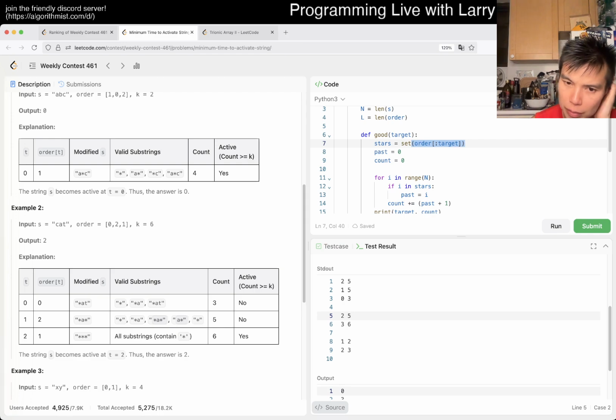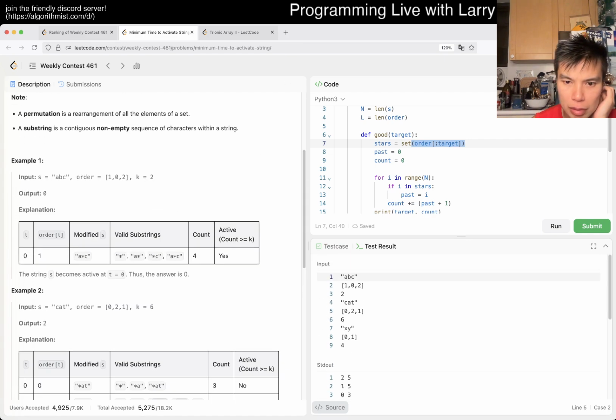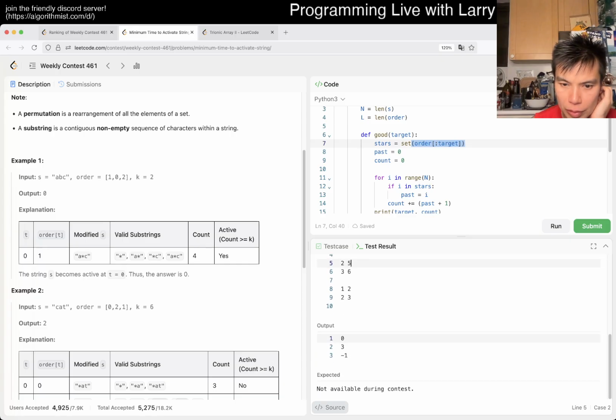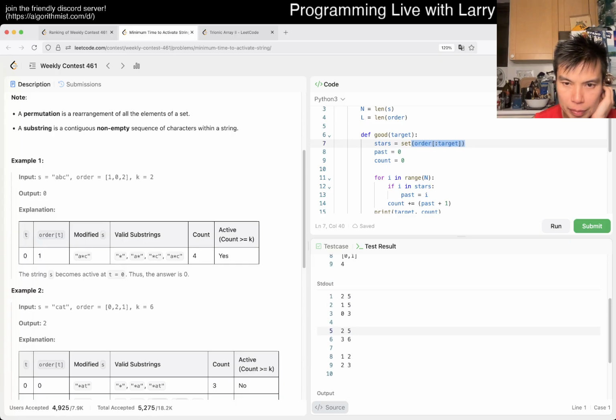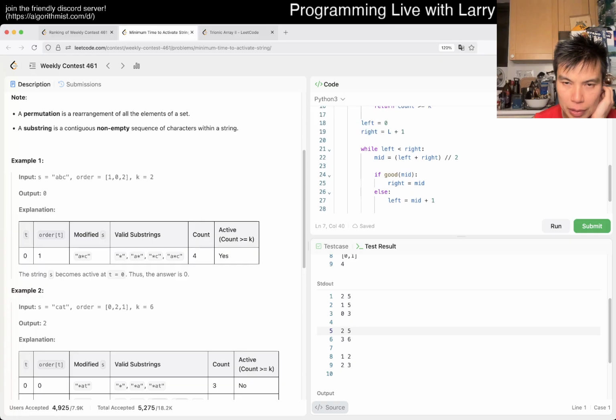I think I'm just off by 1, but then the first one though. Why would this be 0 then? Oh, it's 0 because we just do 1. And 1 is 5? No, 1 is not 5, so that's not right anyway. 0 is 3.